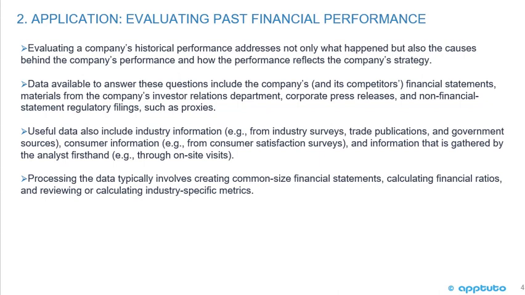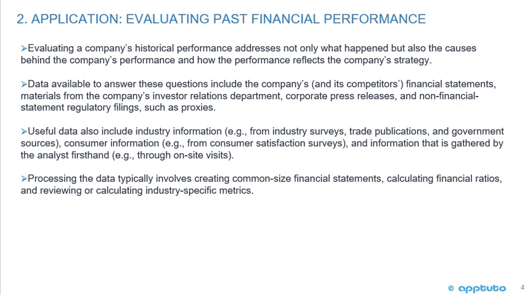So on the previous slide, we saw a number of questions, and data available to answer these questions include the company's and its competitors' financial statements, materials from the company's investor relations department, corporate press releases, and non-financial statement regulatory filings such as proxies.